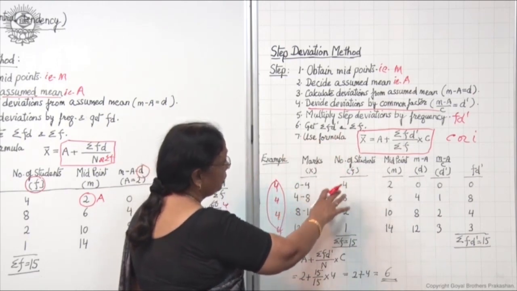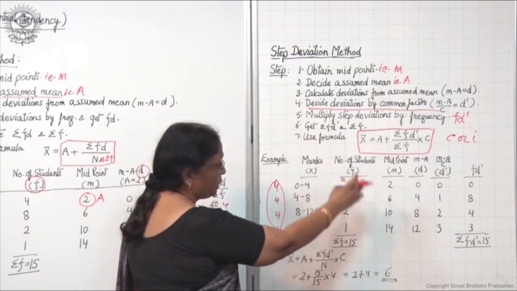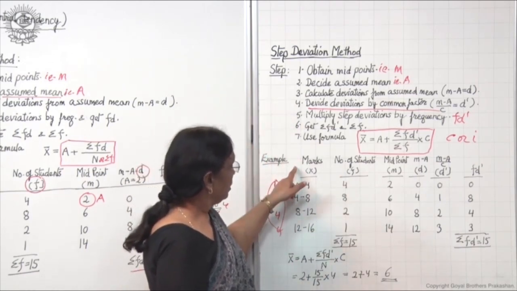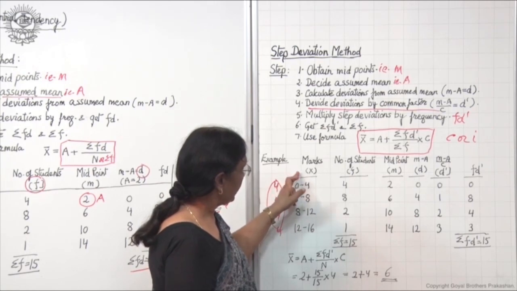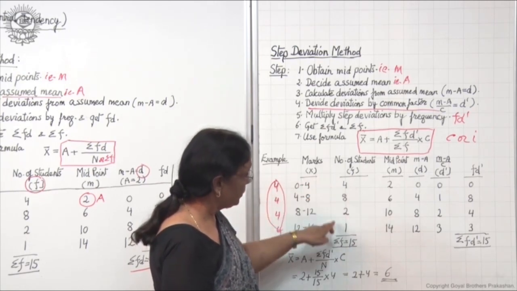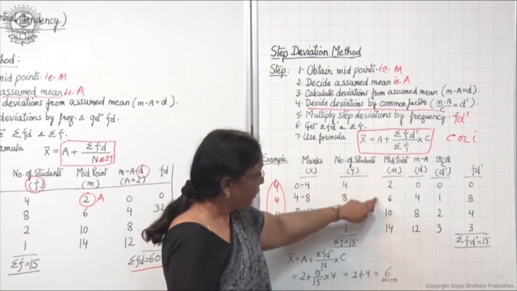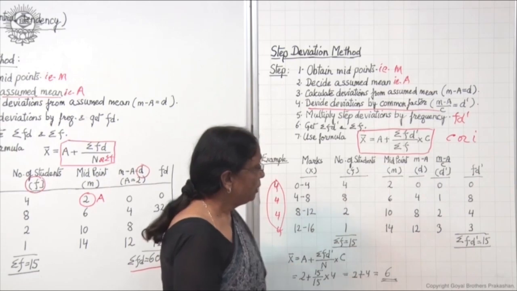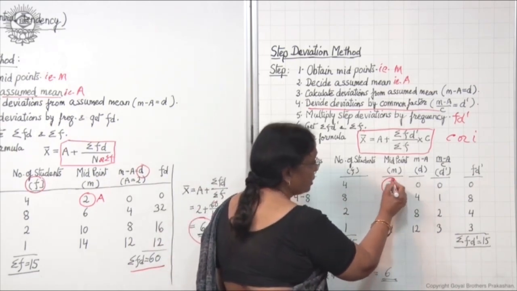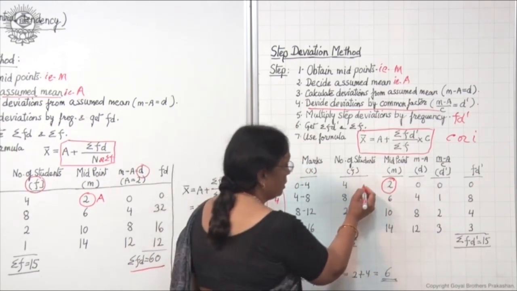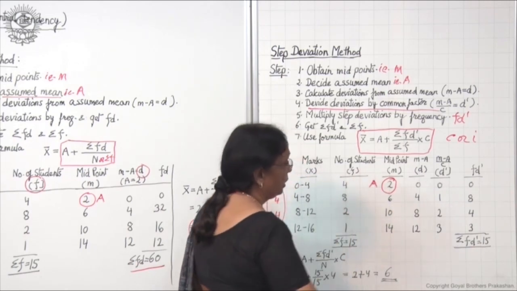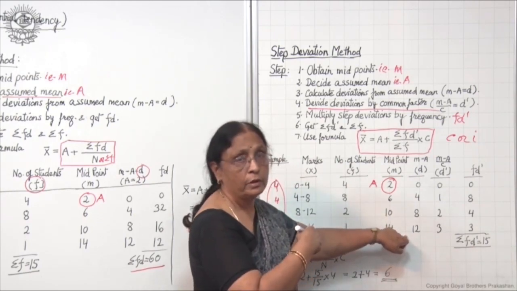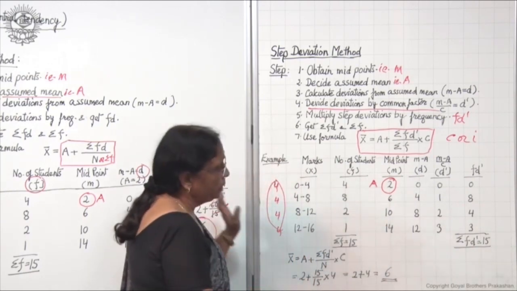Now after learning the steps, we see the calculation on the basis of these steps. Marks, the same example I have taken, X column same, F column is given to you. Take out the midpoints as you did earlier, then take out the deviations by assuming 2 as assumed mean, this is A, and you get this figure as you did previously in the shortcut method.